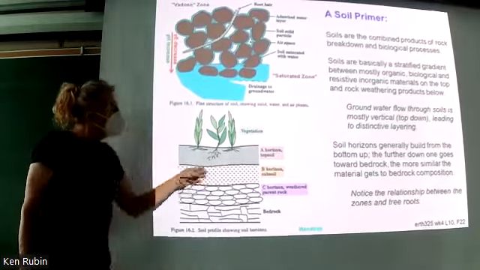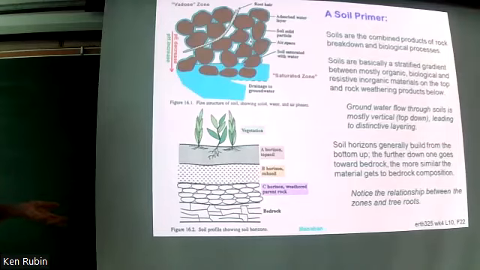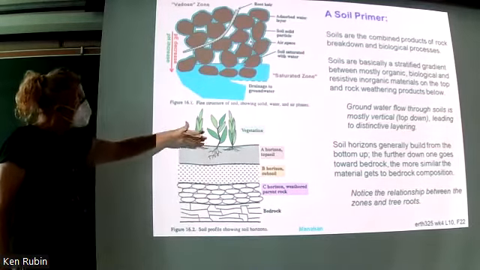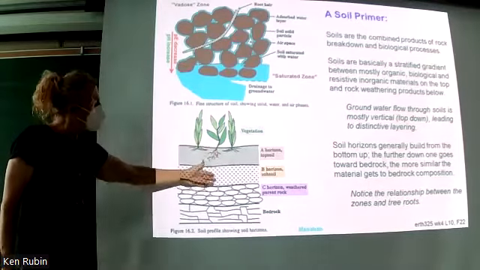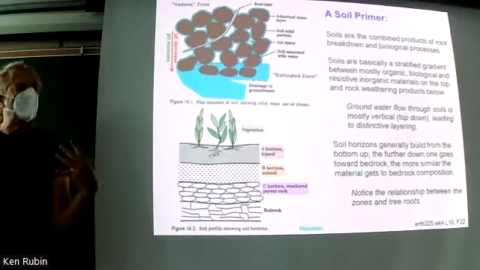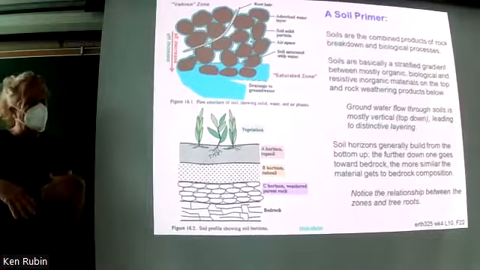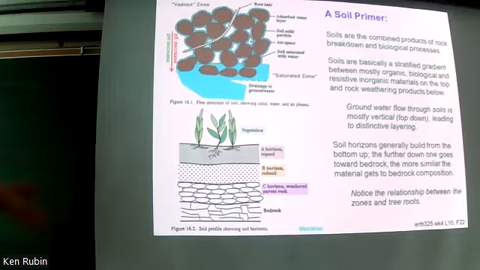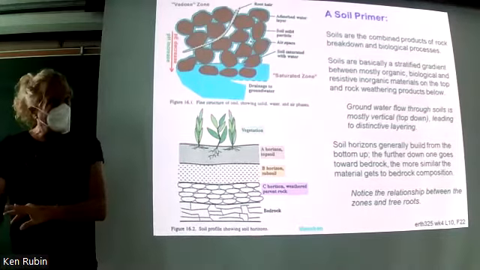And in between, we have the B horizon, which is sometimes called the zone of accumulation, because water is percolating down through here and conditions are changing. As the conditions change, stuff that was up here that was dissolved in the water precipitates out, giving this zone a particular color and character because of the precipitation of things like iron oxides, aluminum oxides, and calcium.